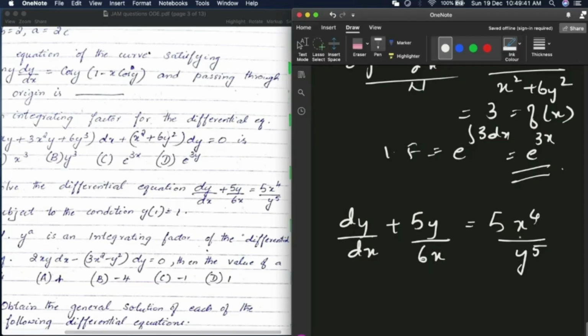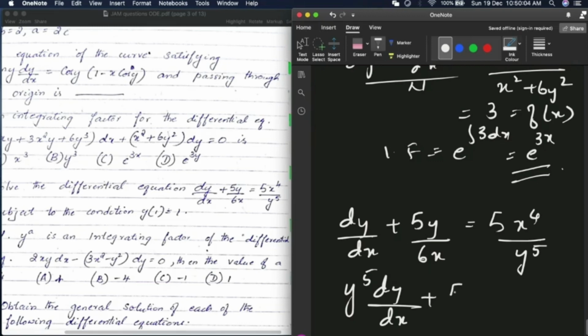I think because you have y raised to 5 here, and y raised to 6 will come here, no? So definitely you can go for a substitution here, so that y raised to 5 dy by dx will become some dv by dx. Suppose I write it in this way, then it becomes easy for you to tell me at least.